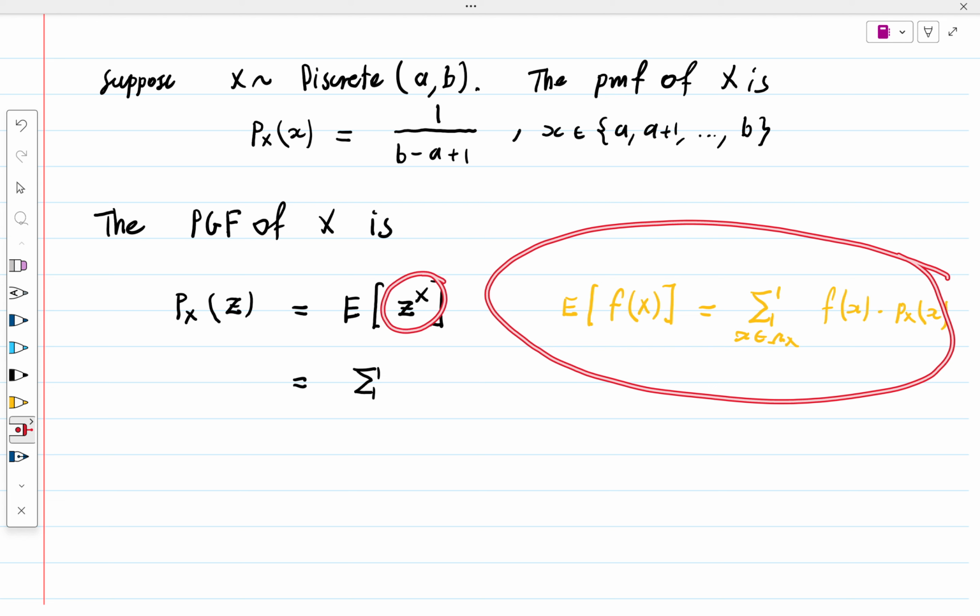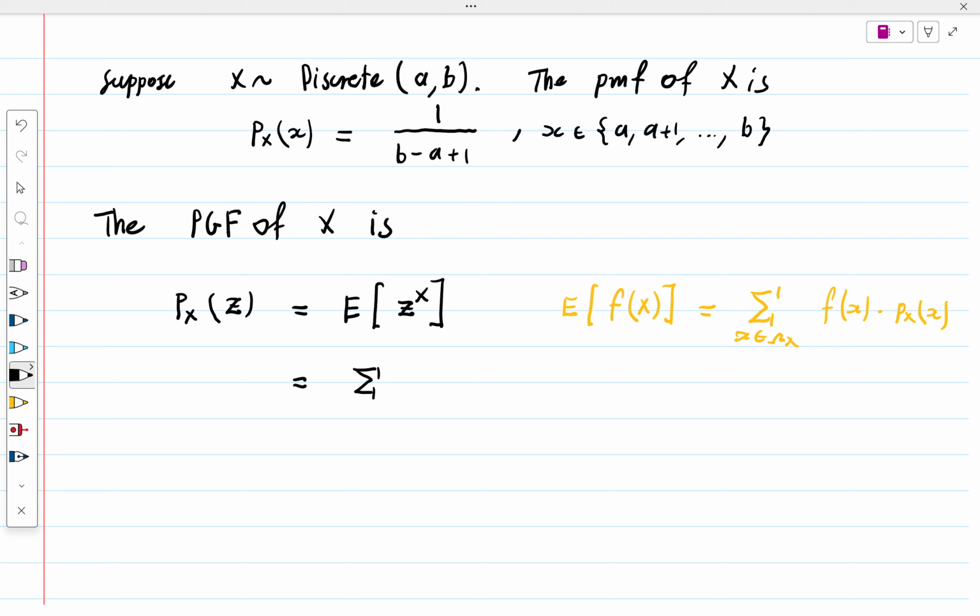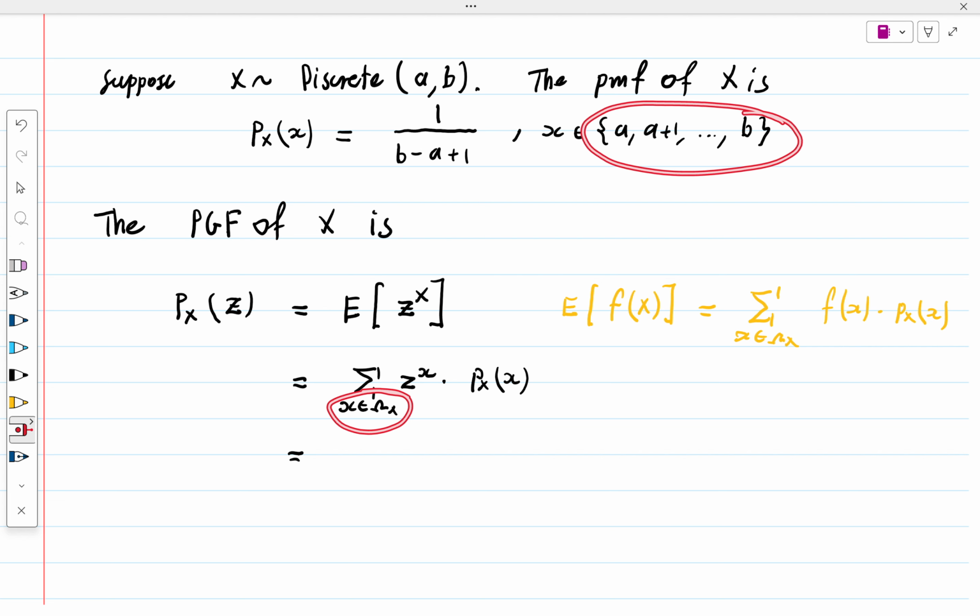That's the general definition for expectation. So applying that general definition of expectation to our values here, that gives us z to the x times p, the probability mass function, where x is an element of the support of X. Now, of course, we know what our support is. It's the values from x equals a to x equals b.